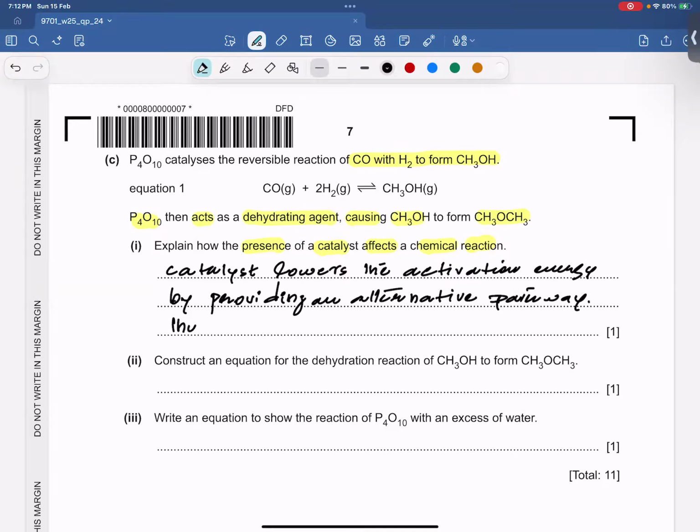Thus, rate of reaction increases, or thereby increases the rate of reaction.